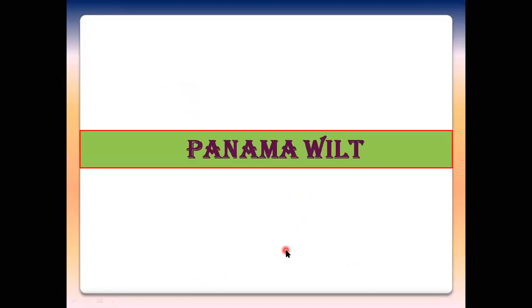First of all, we will get information about Panama wilt. This Panama wilt is also known as fungal wilt. This disease is widely spread throughout Africa, Asia, Australia, West Indies, and also some parts of India.